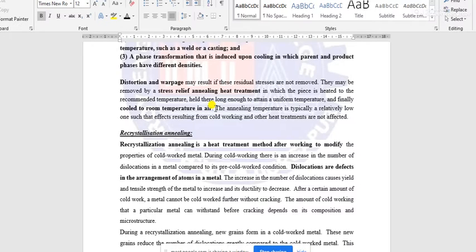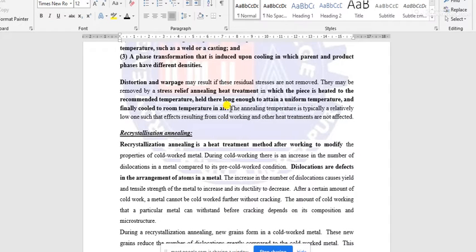Okay, now this is the total process of stress relieving heat treatment, and there are three steps. One is to heat these metal parts to some recommended temperature, then that part is held at that temperature for some specified time, and then you have to cool it to room temperature by air cooling.